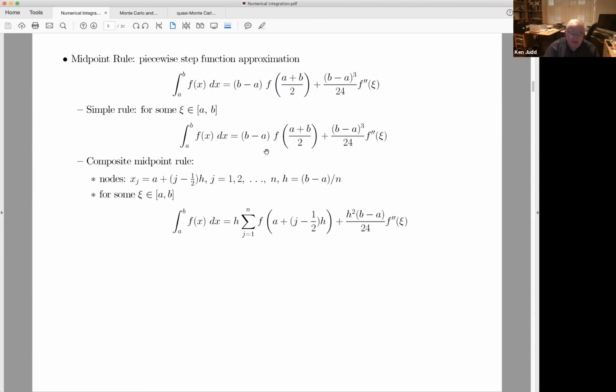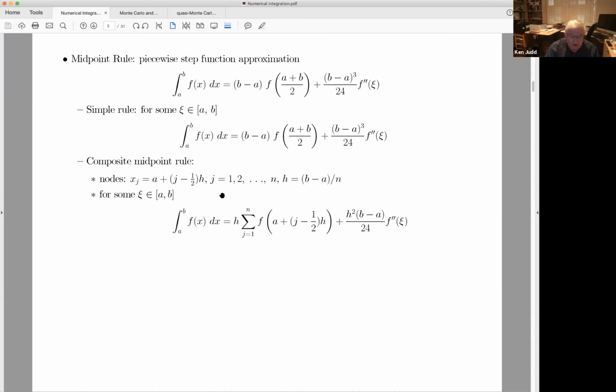So what instead you do is you break the interval AB into smaller intervals, each of width h, and then you apply this simple approximation of the integral to each successive interval.